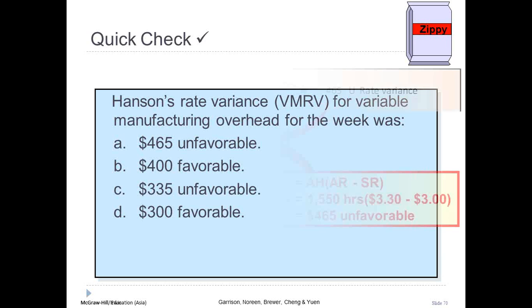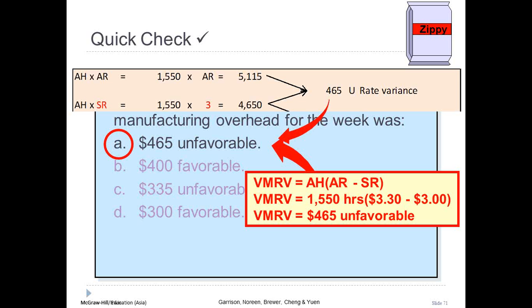We find the variable manufacturing overhead rate variance by multiplying the actual hours worked times the difference between the actual variable manufacturing overhead rate per hour and the standard variable manufacturing overhead rate per hour.